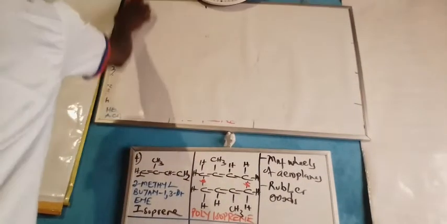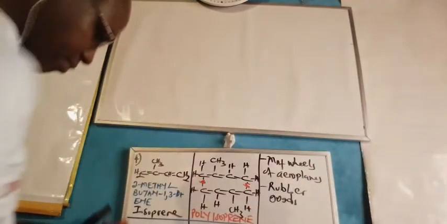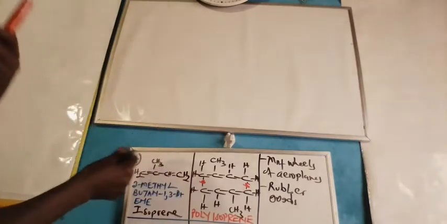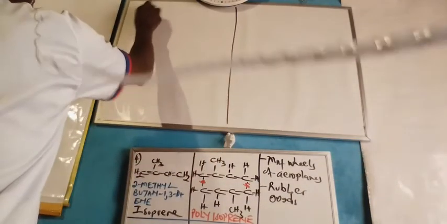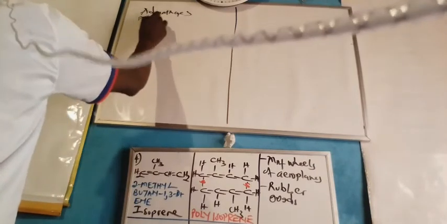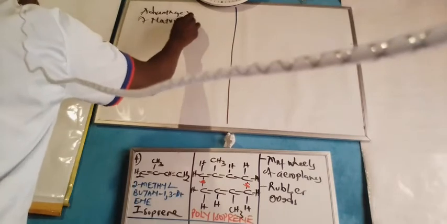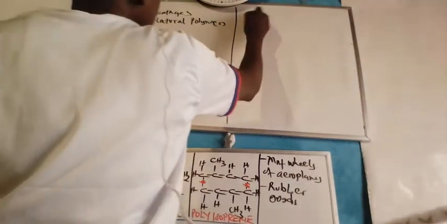So in evaluating the advantages and disadvantages, we are going to take a critical view as to how effective the material is obtained and used or usable, vis-a-vis how suitably it may be disposed. So the advantages of natural polymers and the disadvantages.